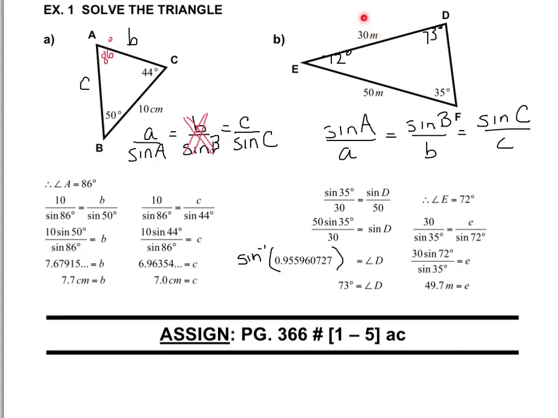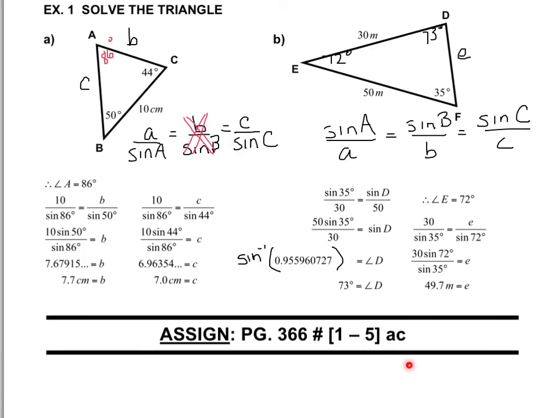I get 30 over sine of 35. I want to find out what little e is, which is right here. So I'm going to get E over sine of 72 degrees, sitting right here. Take the sine of 72 to the other side, it'll be multiplied, and punch it in on your calculator, round to 1 decimal place. I think that covers it.